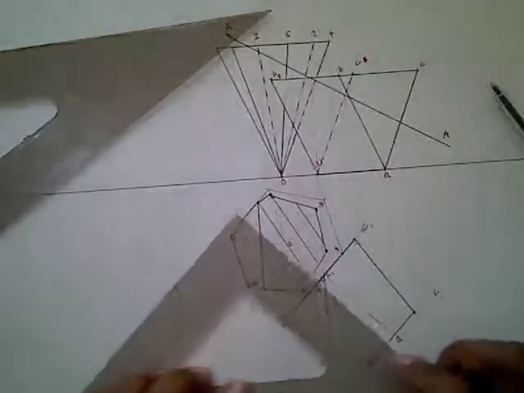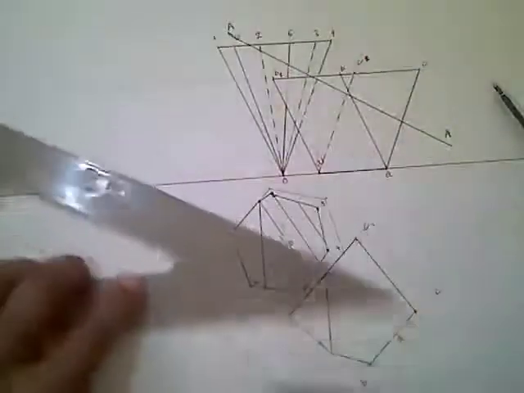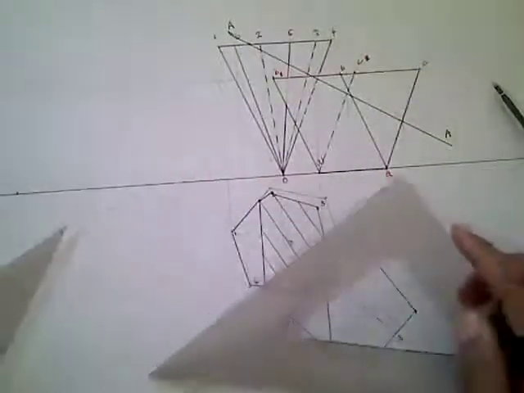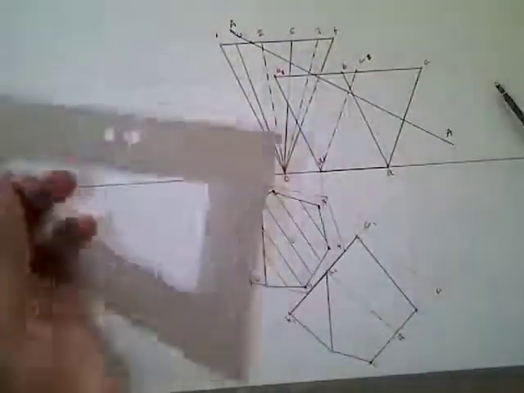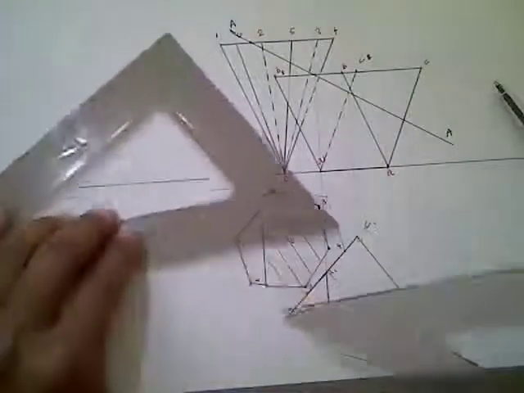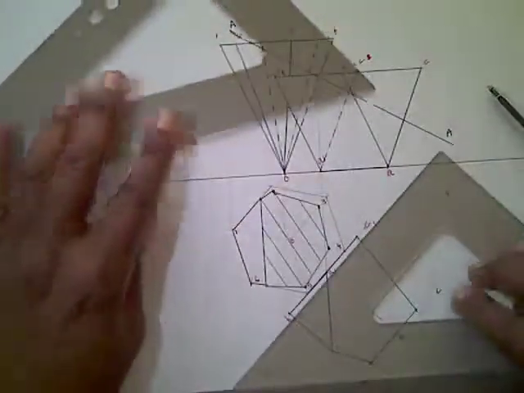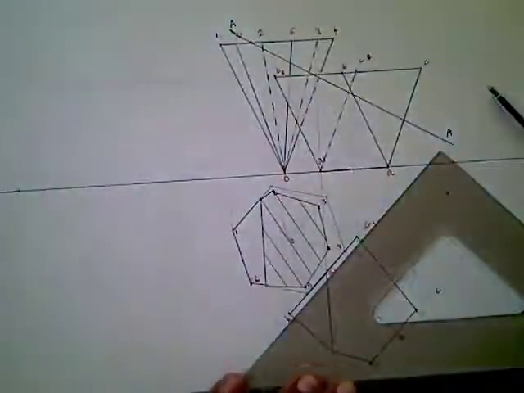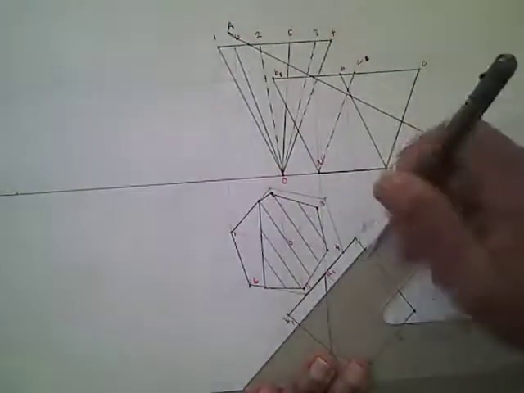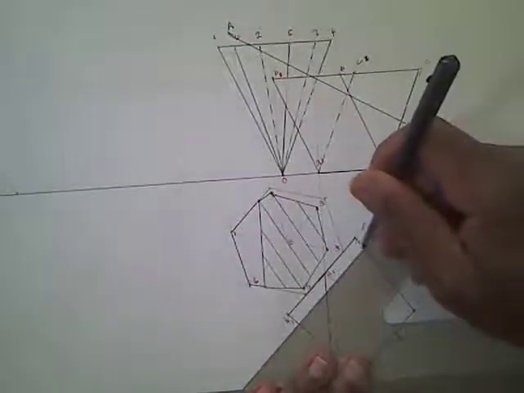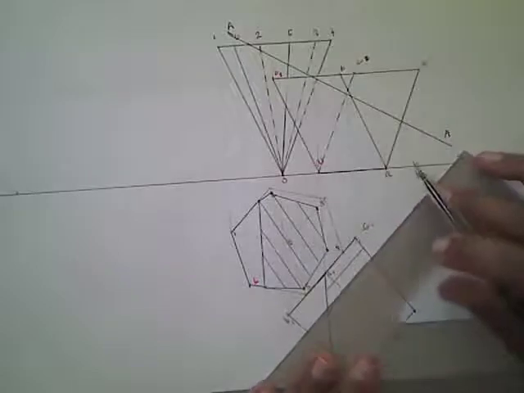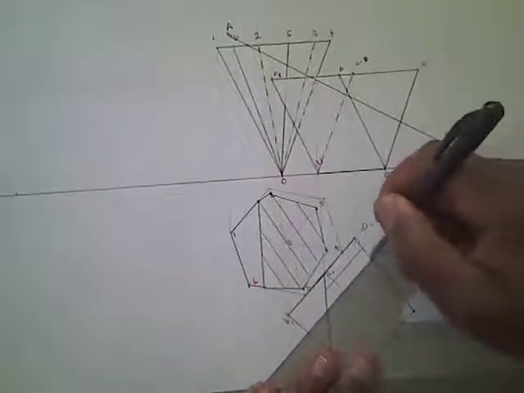Now, since this one was sectioned in the other direction, where I did not use my 45, what did I use? I used my 60. Nevertheless, let's use 45 here. You use the 45 degrees set square to section differently.